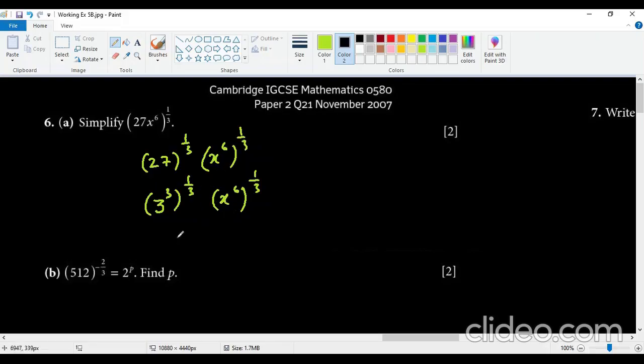I know the rule that powers are multiplied together. So I can write this in this way, and x to the power 6 is multiplied by 1 over 3. That means this 3 is going to be cancelled and this is going to give us a 2. That means 3x squared is the final answer.